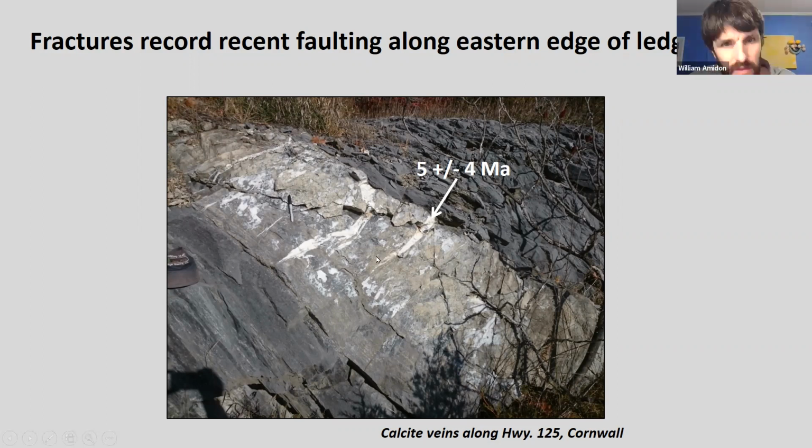This whole sedimentary bed was being ripped apart and fractured by probably extensional stress, and we dated that to about 5 million years. So there's a lot of evidence that some of this young tectonics has been affecting, and perhaps developing relief and topography in, Cornwall recently.